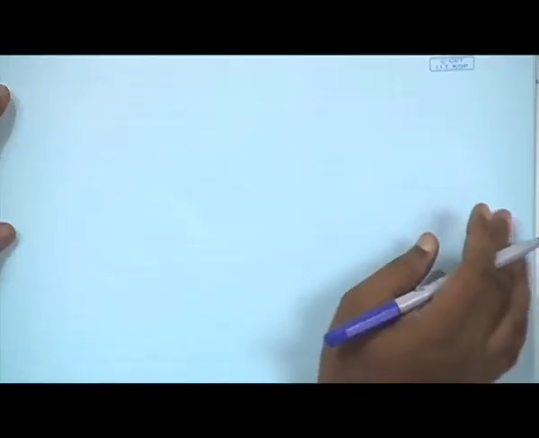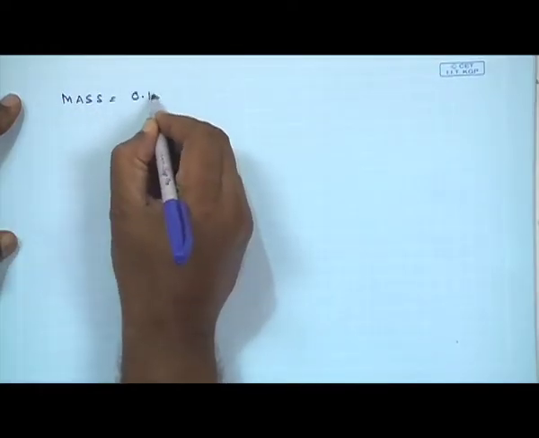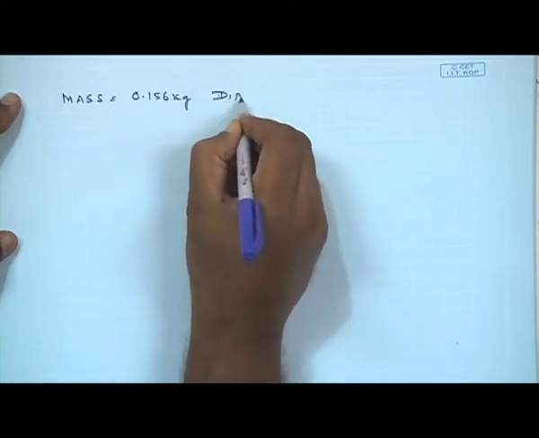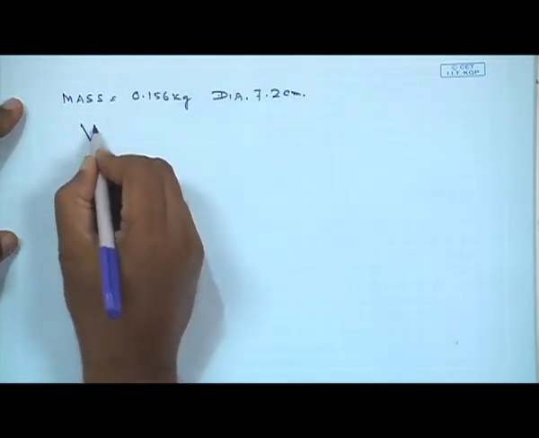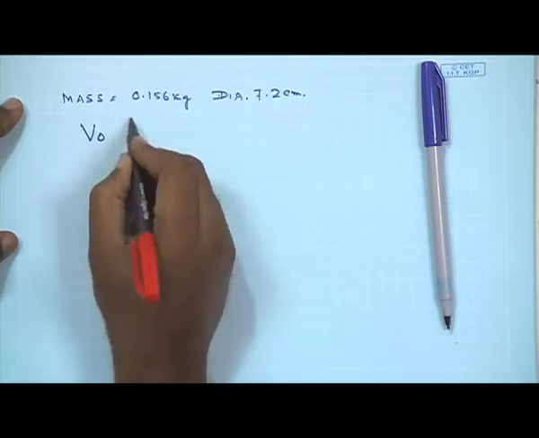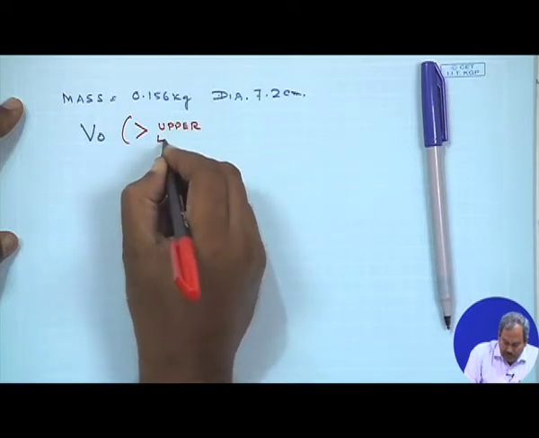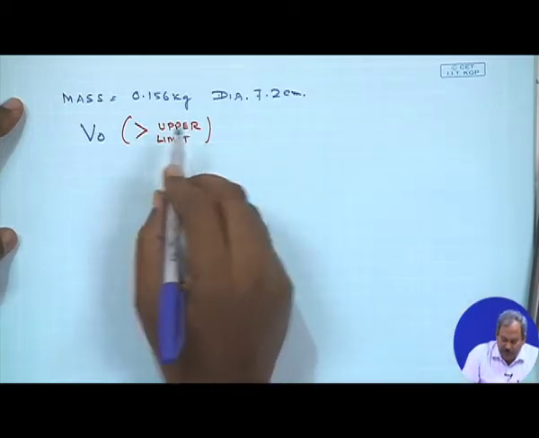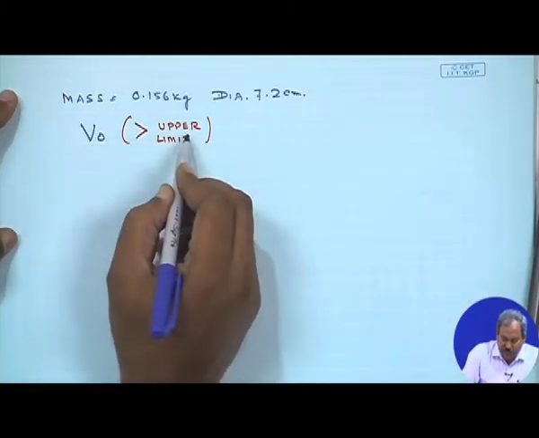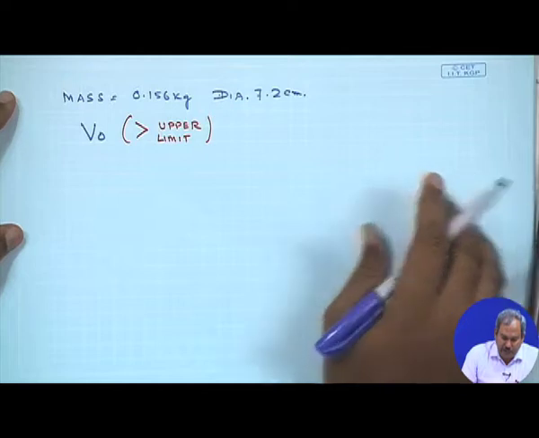So what we have is that we are provided the mass of the ball, 0.156 kg. The diameter remains the same as in the previous part, 7.2 centimeter, and it's being bowled with a velocity V naught which is greater than the upper limit, which we have seen to be equal to 105 km per hour. So since the release velocity is greater than the upper limit, you have turbulent flow on both sides of the ball. So therefore it cannot swing.